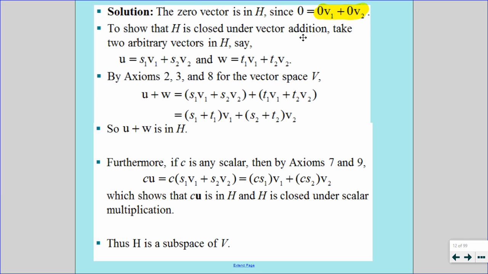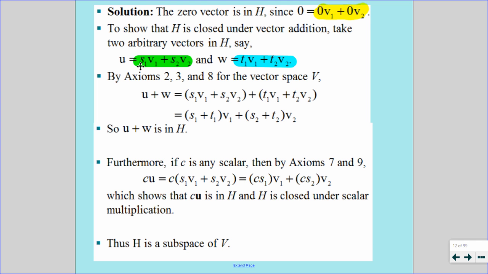So what we can do is define U as the sum of some scalar quantity times V1 plus another scalar quantity times V2. That's one vector that will be in the span. Another vector that will be in the span, we'll call it W, is another scalar, T1 times V1 plus T2 times V2.